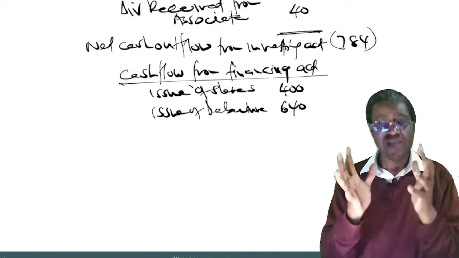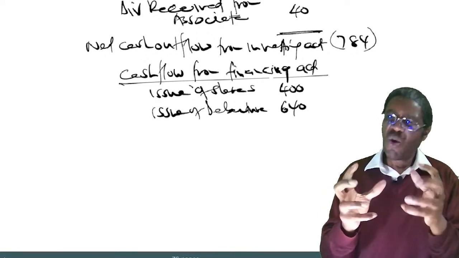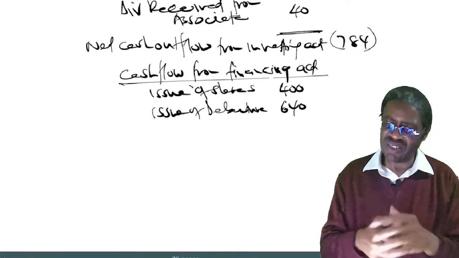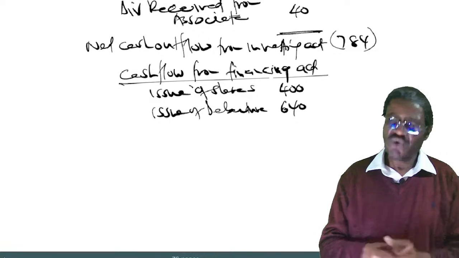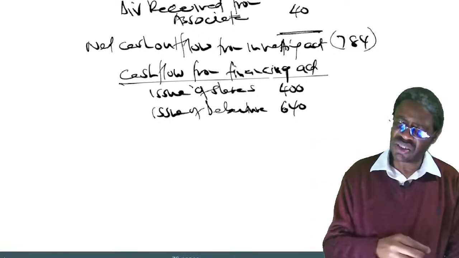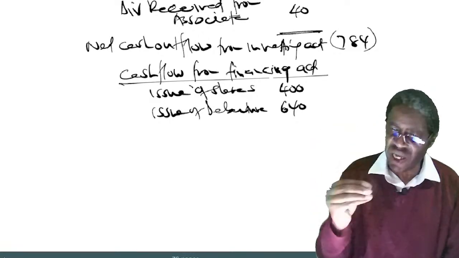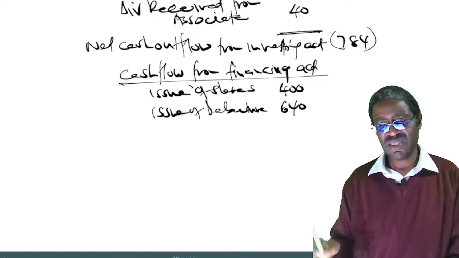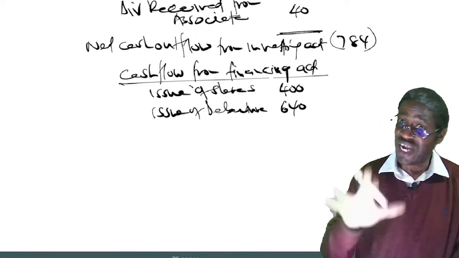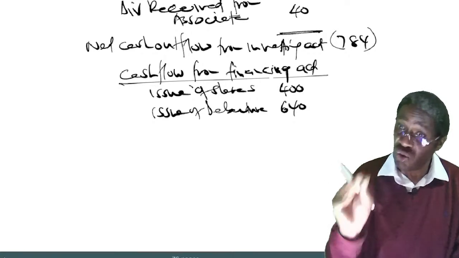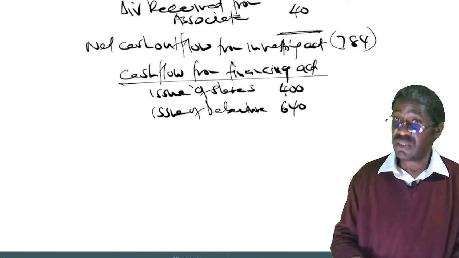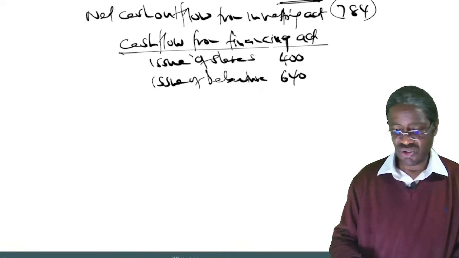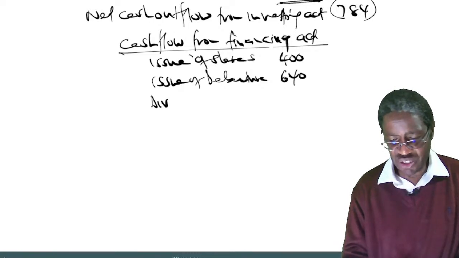Listen carefully. Then I told you, once you're through with the major finances, you have to pay these financiers their return. And what are their returns? I told you, to the shareholders, we normally pay them what? Dividends. So you come and see here, dividends paid.